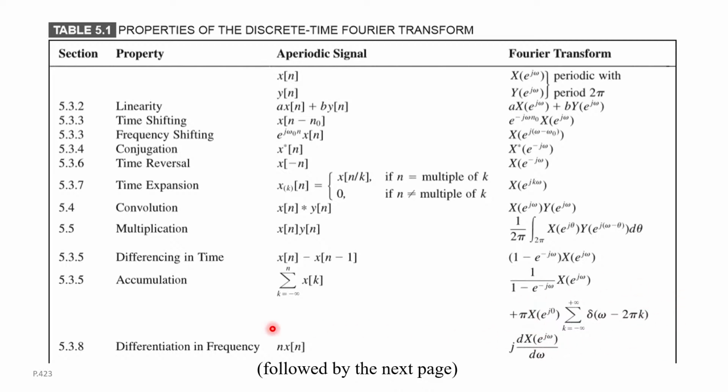A good way to memorize it is that it's for terms that look like u[n]. So if you have terms like u[n], an accumulation, then when you do the Fourier transform, you get this extra delta function times π. And also you can do differentiation in frequency, and you get a minus jn on your time domain. You can go from minus j to plus j on the frequency side.